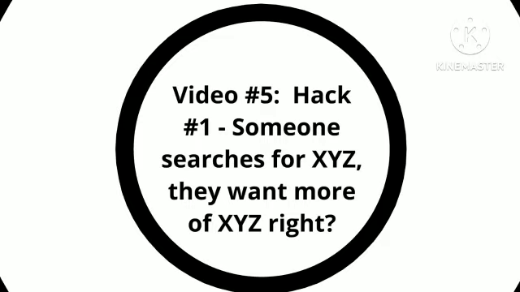They might find it, but then they're going to look for more of it. In other words, they search for XYZ, they want more of XYZ, right? So how can you make it easier for them to find that information, such as related posts? What kind of plugins can you use to help you with that?